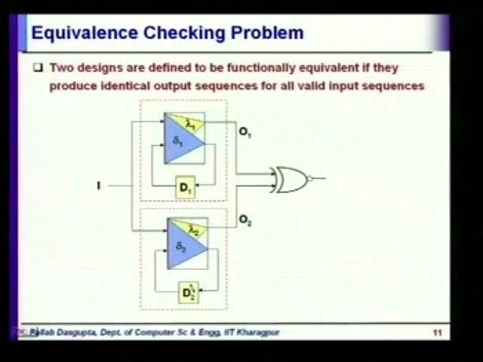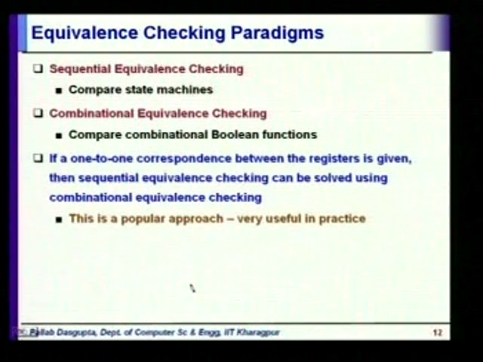Then you can find out the correspondence and then use combinational equivalence checking. And if you don't know whether there is any correspondence between the registers, then your problem is the most generic and most difficult problem. Then we are going to look at equivalence checking algorithms for sequential circuits. So these are the steps through which we shall go. Let us look at the equivalence checking paradigms.